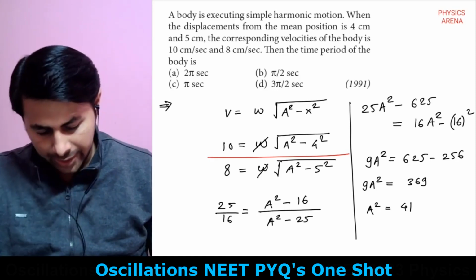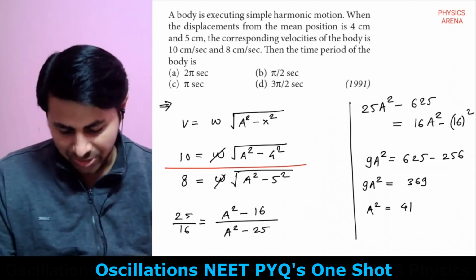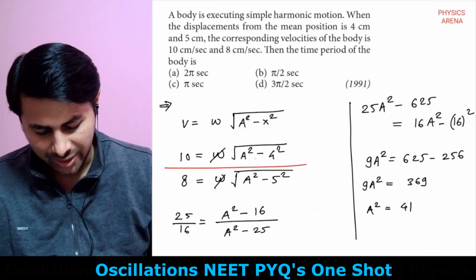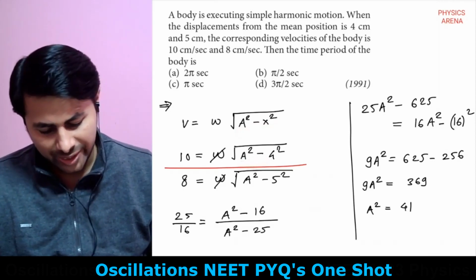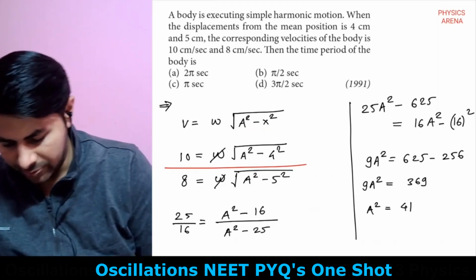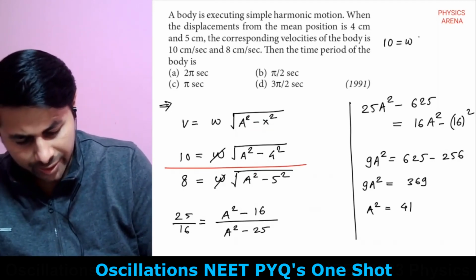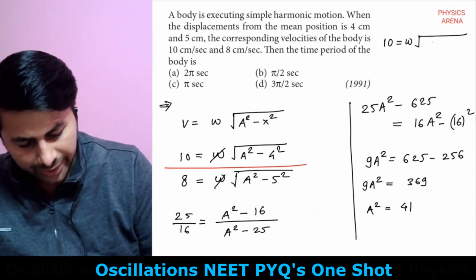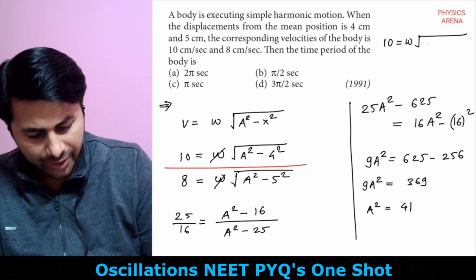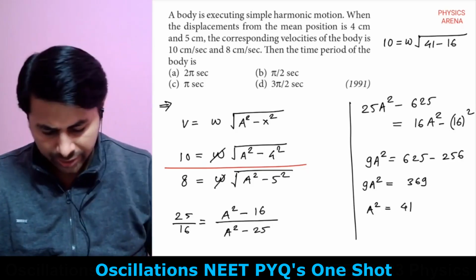Okay. And we'll substitute a square in this equation. So what do we get? A square is 41. 41 minus this 4 square, which is 16. So 10 is equal to omega multiplied by square root of a square minus 16, right? So a square is 41, minus 16 is how much?